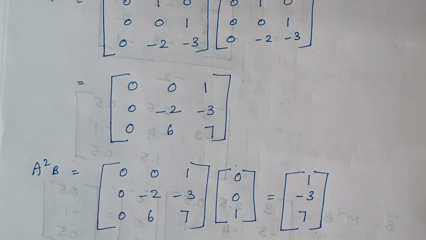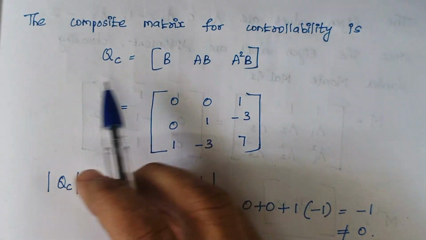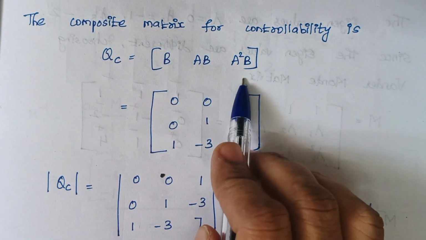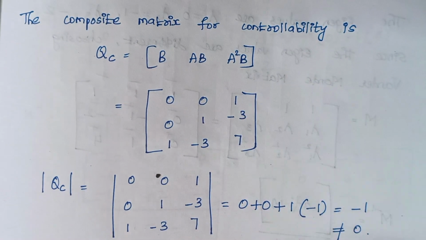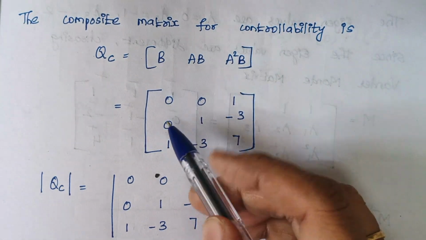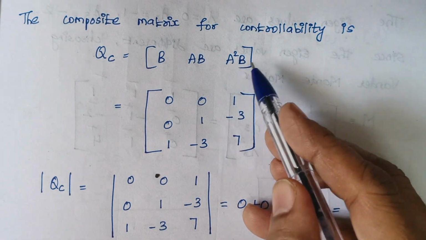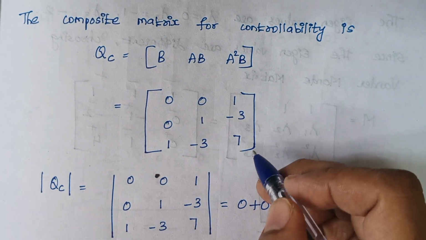Now we substitute these values accordingly. The composite matrix is given by B, AB and A square B. The value of B matrix is 0, 0, 1. AB is 0, 1, minus 3 and A square B is 1, minus 3 and 7.